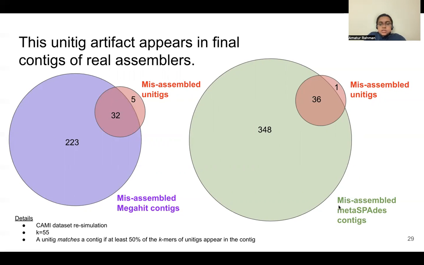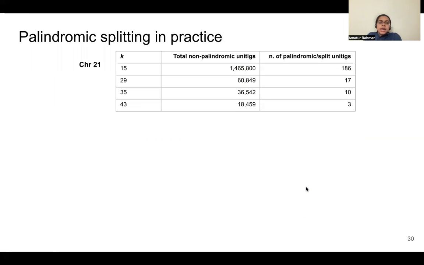We tested two different assemblers, MEGAHIT and metaSPAdes, for metagenomic assembly of the CAMI dataset. And we see that out of those 37 misassembled unitigs, most of them correspond to some misassembled contig in both MEGAHIT and metaSPAdes. Okay, so that was the first artifact.